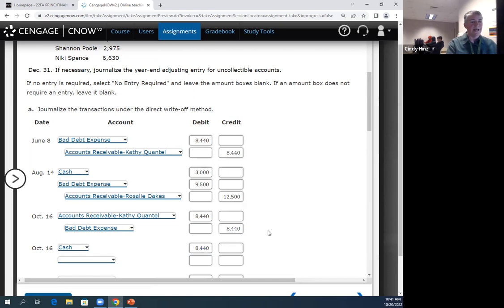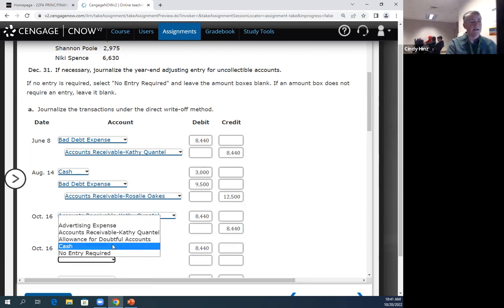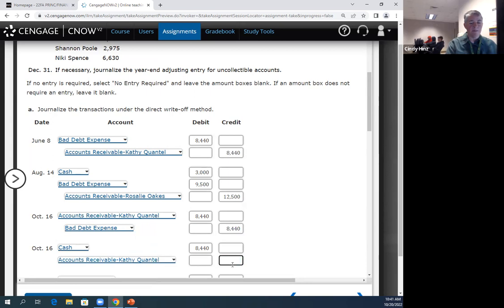So immediately at that same time, we're going to reflect that we did receive that payment. So we show the cash we realized from the collection and that we're paying off that account receivable that we had just set up.